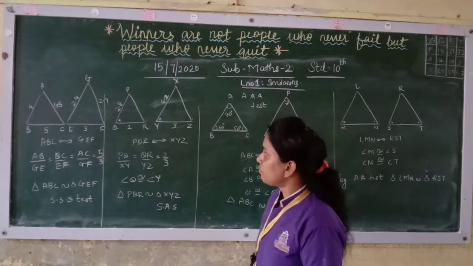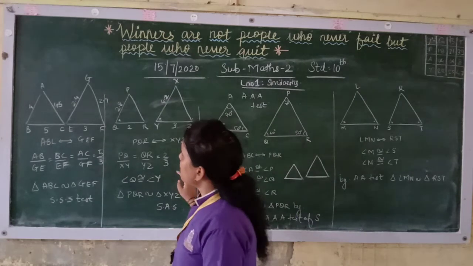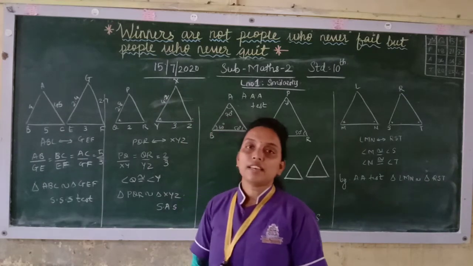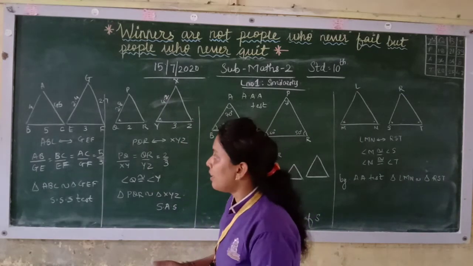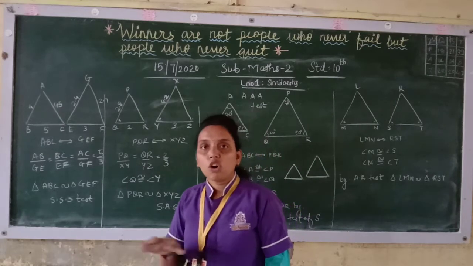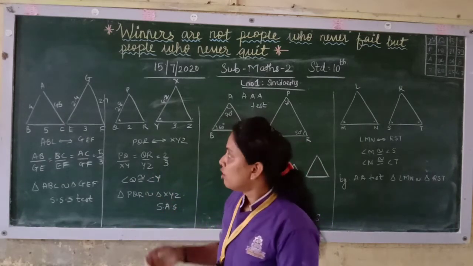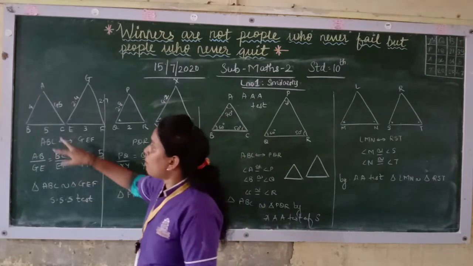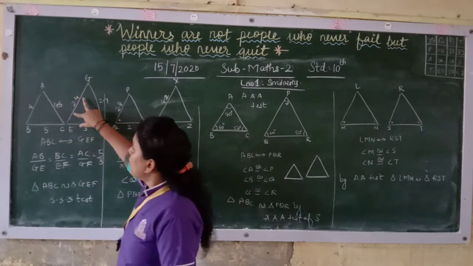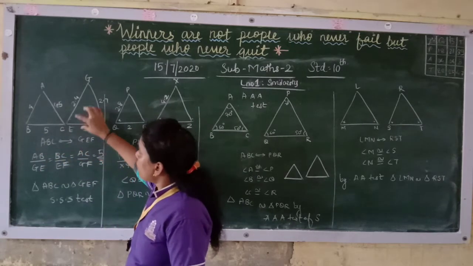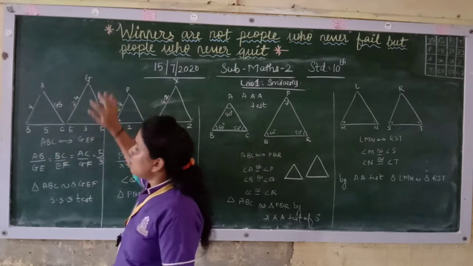Further, one more is there, that is the SSS test, that is side-side-side. When you find that all three sides of the corresponding triangles are in proportion, then they are similar. For example, here see AB upon GE, BC upon EF and AC upon GF.